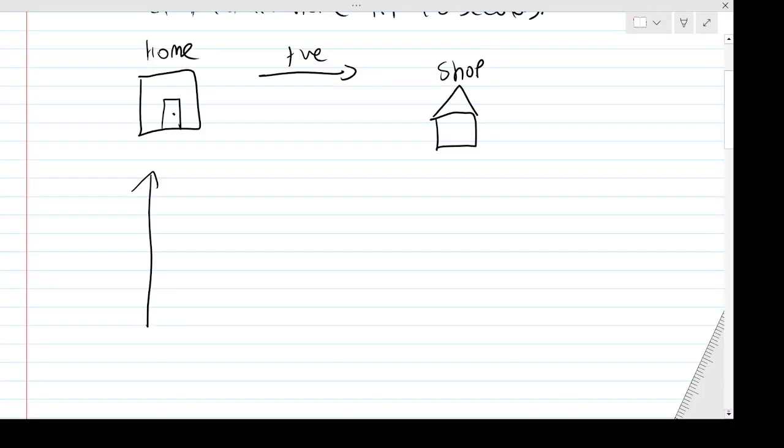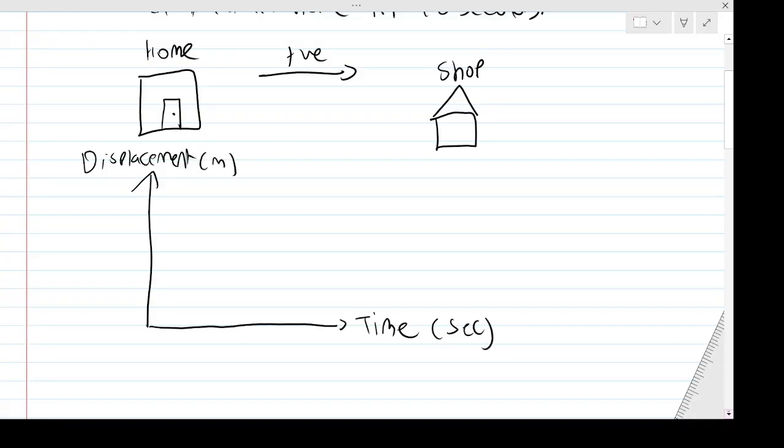What we're going to do is construct this graph here. On our axes, it's time, and then we have displacement. So it's displacement against time. And our units, the questions will specify, but as we looked at before, the SI or standard units we use for time is seconds, and for displacement is meters.